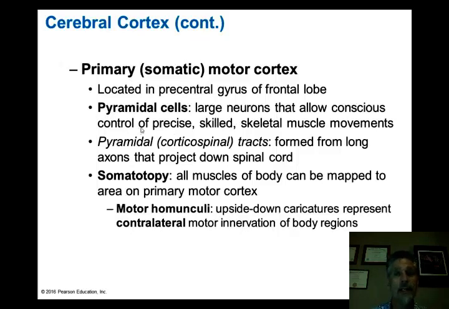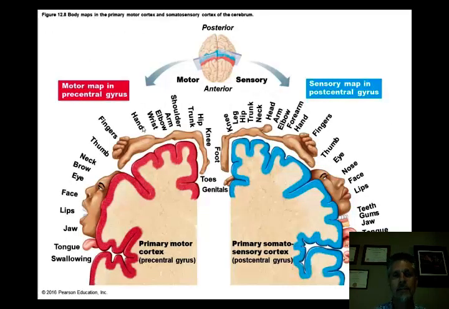So primary motor cortex is going to be in charge of a lot of those particular movements around the body. And in fact, it's interestingly mapped onto that particular gyrus, where different areas of the body and the skeletal muscles that move those areas, those signals are arriving from different areas along this particular gyrus that we call the primary motor cortex.